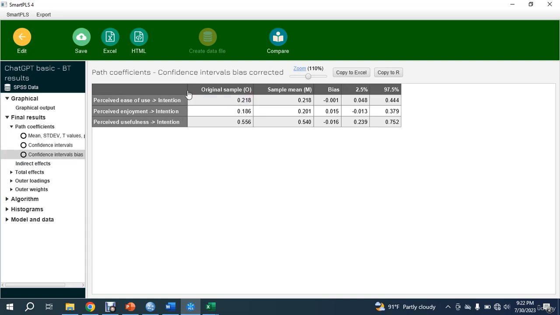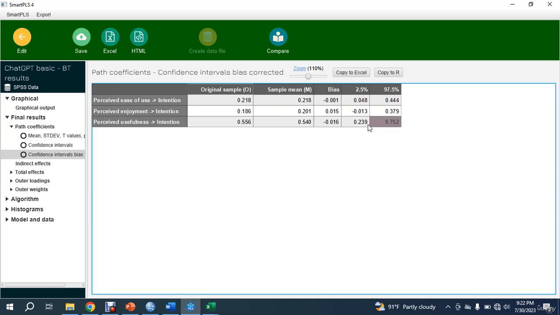That means in the population, when ease of use influences intention, what will the path coefficient be? Your path coefficient will fall between these two values. It will be as low as 0.048 or as high as 0.444. Both are positive, so this path coefficient is significant, because there is no zero between these two values.